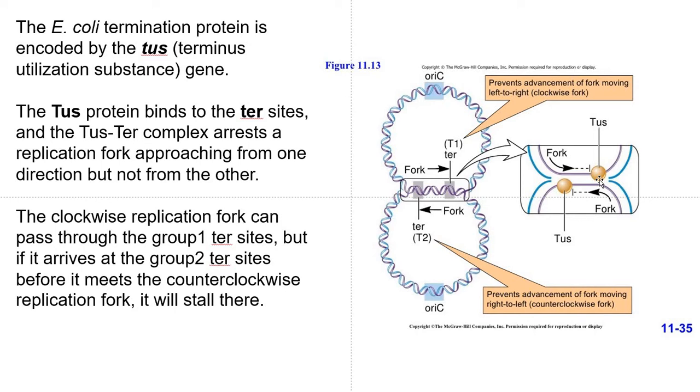The TUS protein shown here is bound to the ter region. These are DNA binding proteins, so they are bound to these ter sequences. They will not allow the fork to pass. So it prevents the advancement of the fork moving in either direction, depending on which way the replication fork is moving.